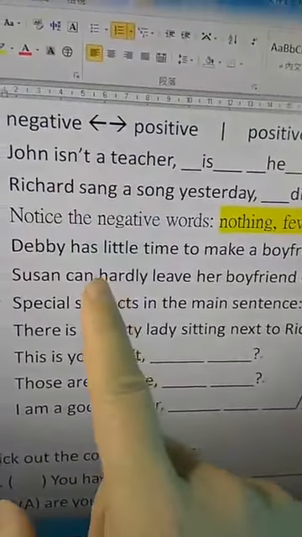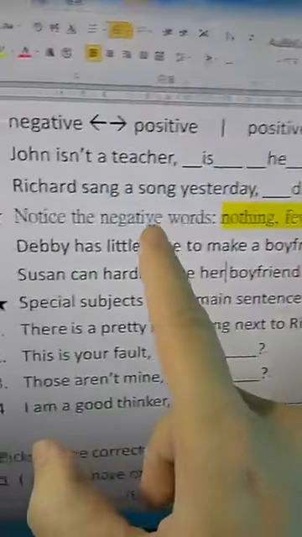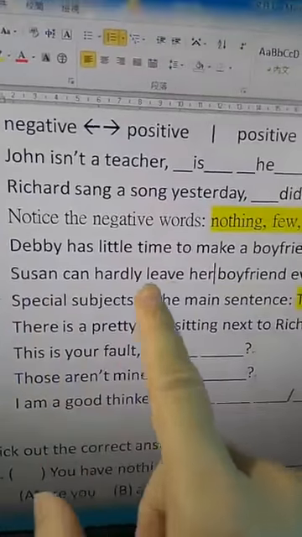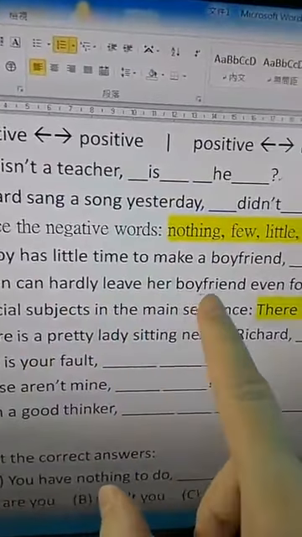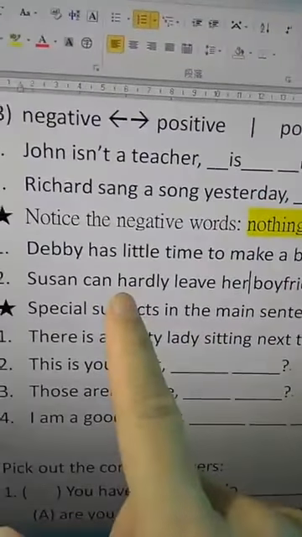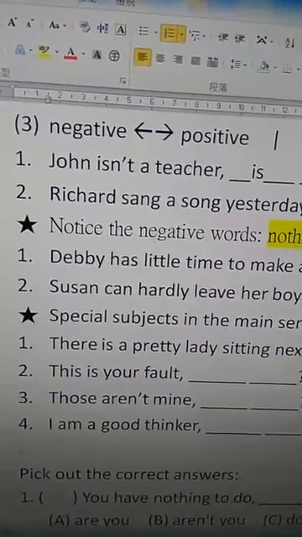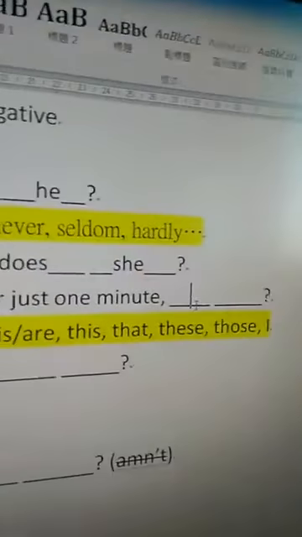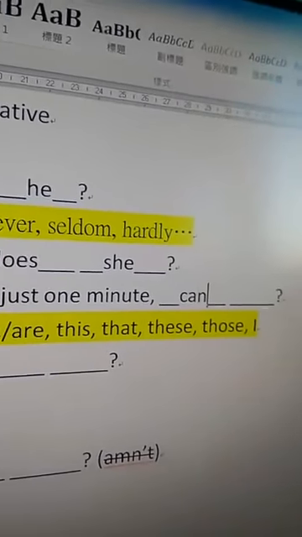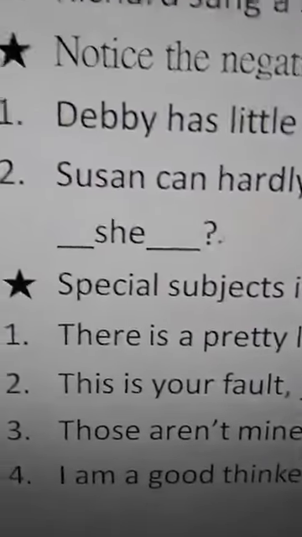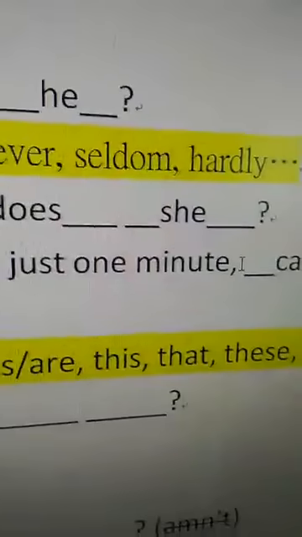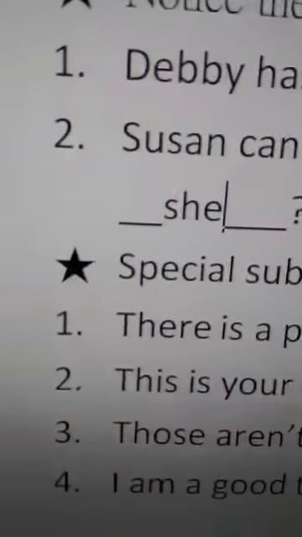But here remember we see the word hardly. Hardly is a negative word, so actually the main sentence here is a negative sentence. So what is the answer? Yes, can she? Let's type it. Can she? Okay, so that's the way we do it.